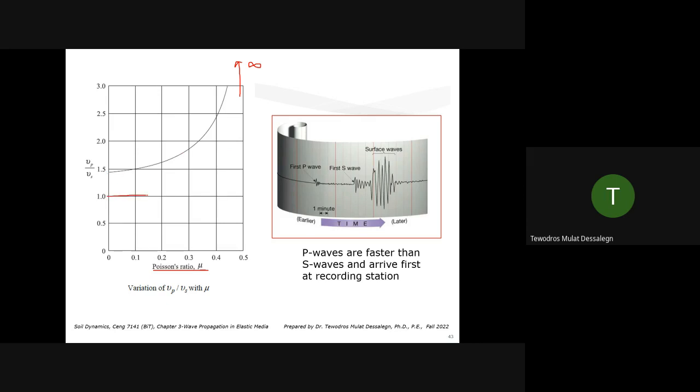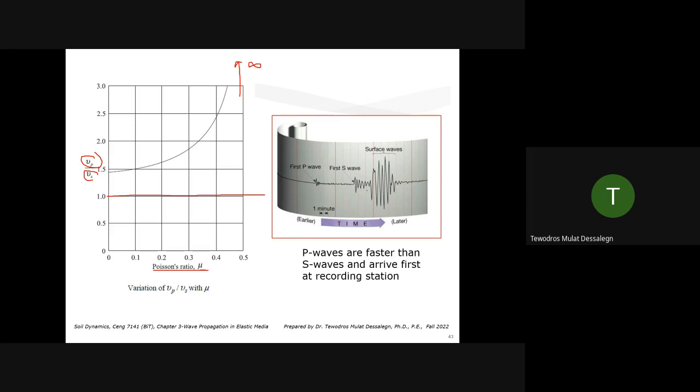You see it here, 1 is right here. So for any Poisson ratio, the VP by VS plot shows it's more than 1, telling us the primary wave velocity is larger than the shear wave velocity. That's exactly what we record. You can see it on the plot on the right side.